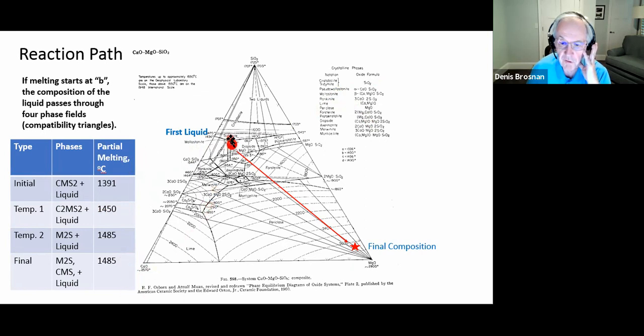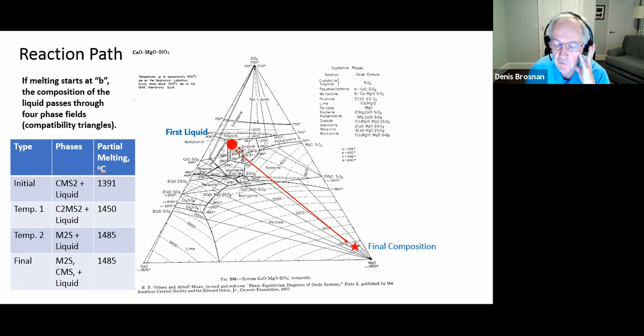So melting starts here. The first liquid, wherever it starts up in here, changes in composition as firing progresses. That liquid aids us in sintering by dissolving some of the MgO, which will eventually form forsterite, and maybe a little bit will be present in the solidified liquid in the final composition. So the material is changing, the liquid is changing, and the final composition is over here.